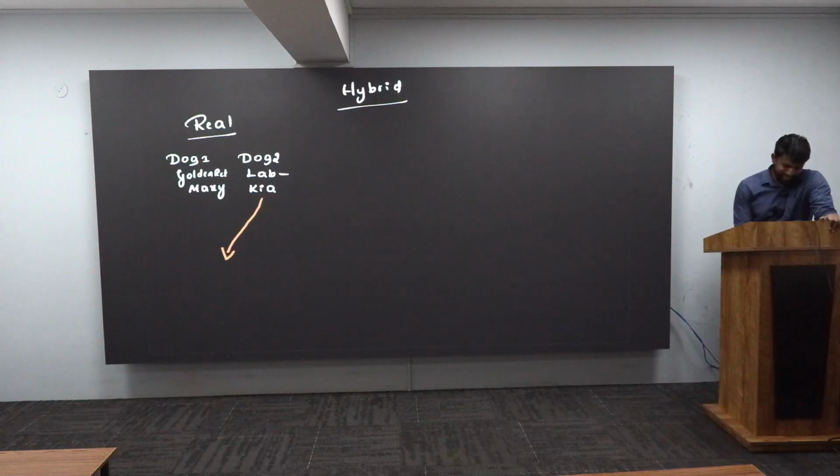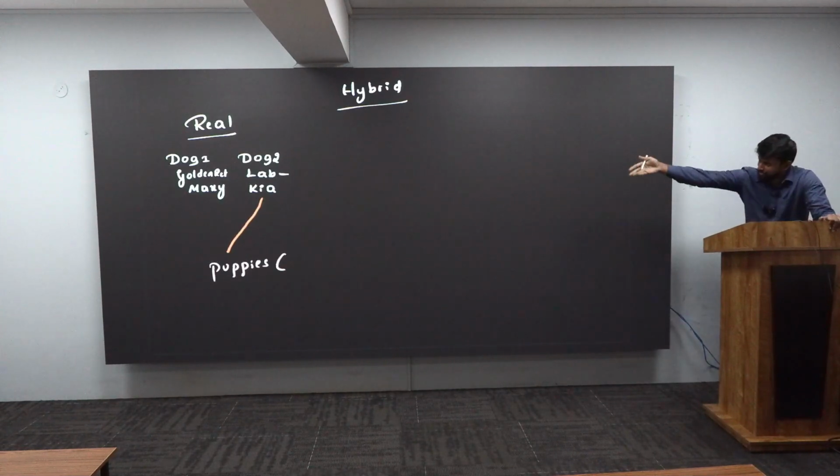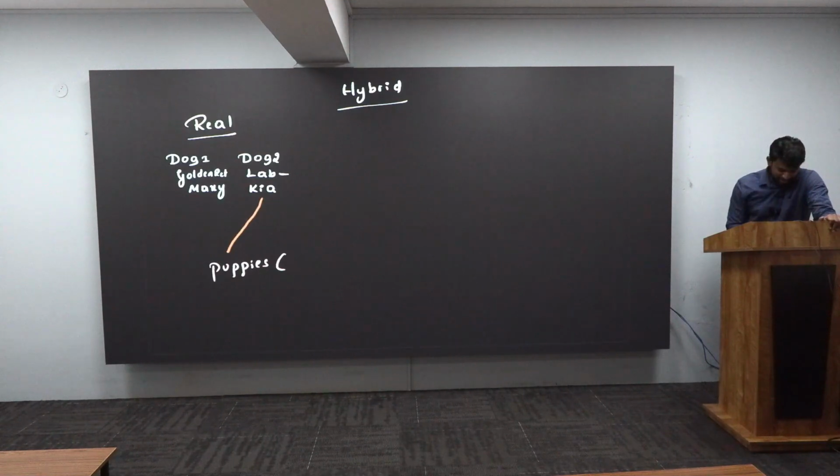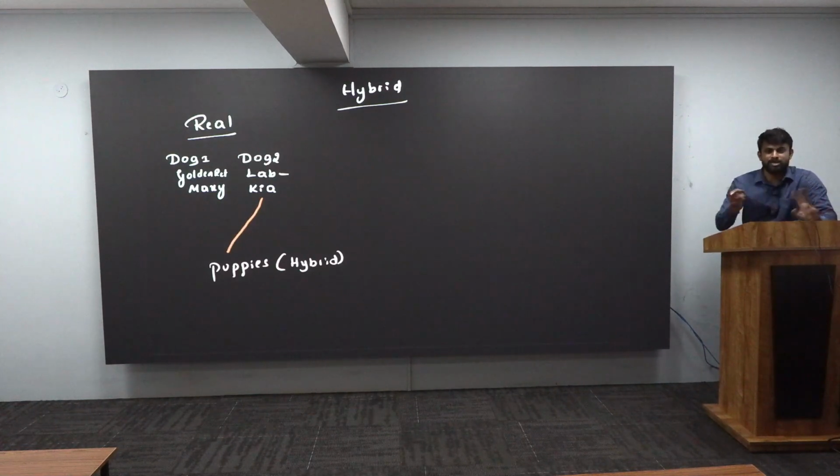Whatever the puppies we got, 100%, it's a hybrid breed. It's not the pure breed of Golden Retriever or Labrador. It's a mixture of two.